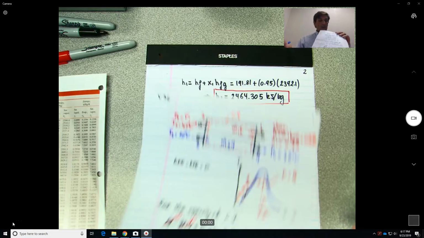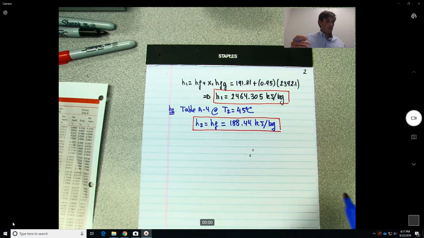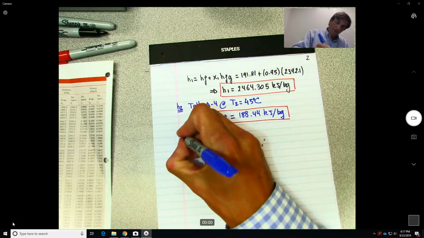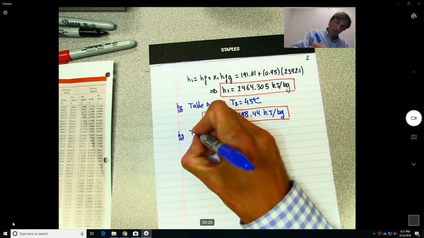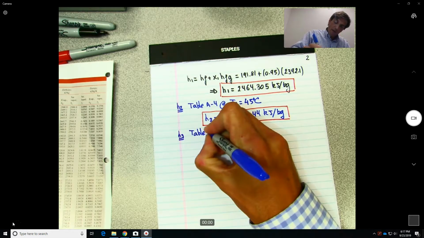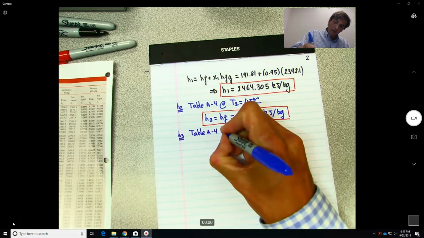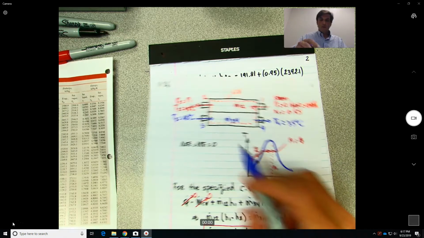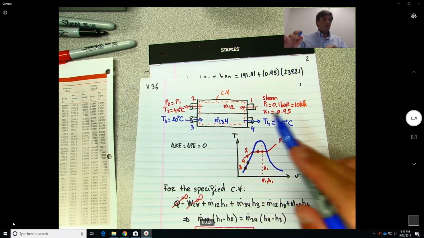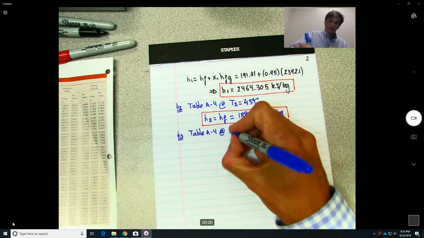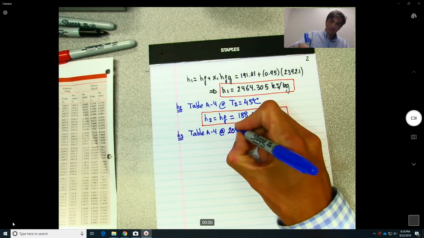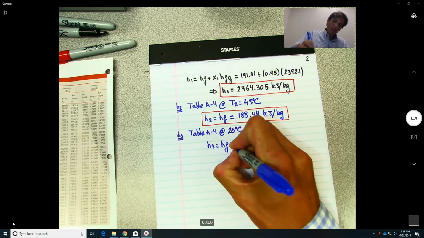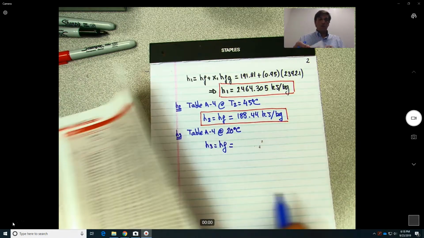So for H3, same process, table A4, at what temperature? 20 degrees Celsius. H3 will be equal to H fluid, which is equal to what?